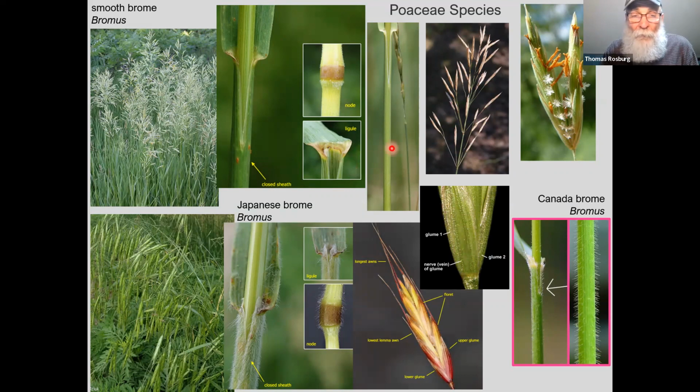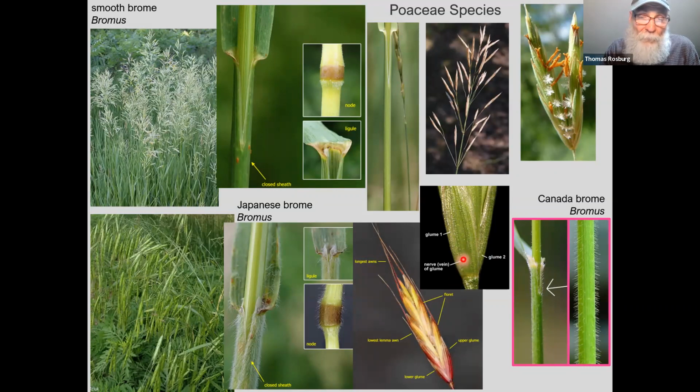Those are going to be smooth brome, canna brome, all the perennial bromes, plus Bromus tectorum. Bromus tectorum, which is cheatgrass, is how you would separate it from Japanese brome, because Japanese brome is pictured right here, and Japanese brome has 3 to 5 veins on that lowest glume. So it goes into the other group.